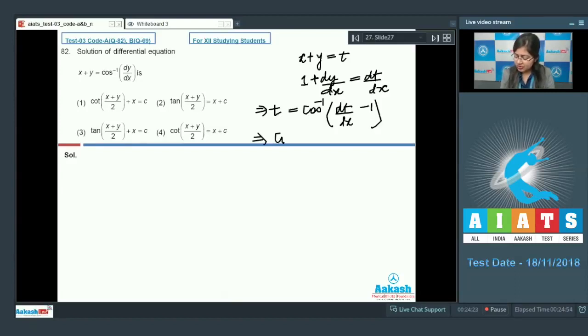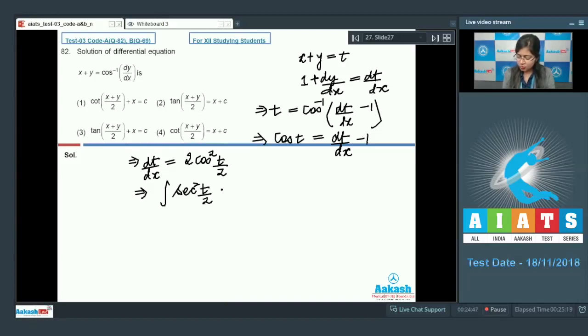Now further this can be written as cos t = dt/dx - 1, that is dt/dx can be written equal to 1 + cos t, that is 2 cos²(t/2). Now this can further be written as integration of sec²(t/2) dt equal to integration of 2 dx, right?